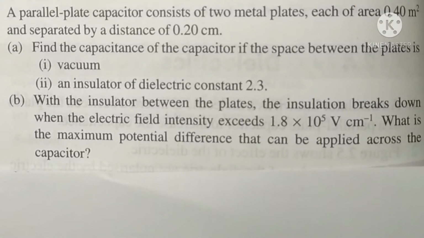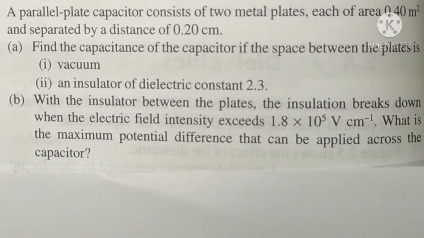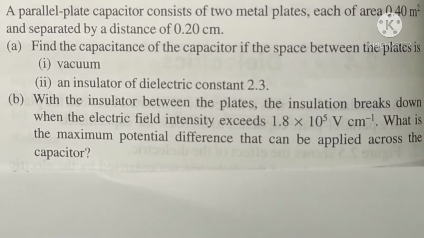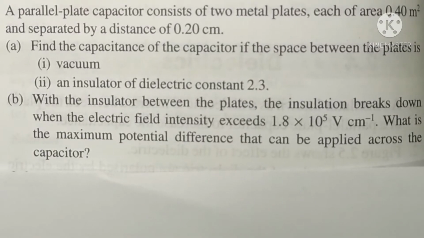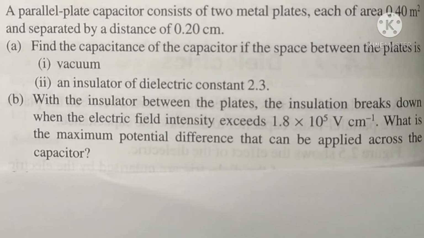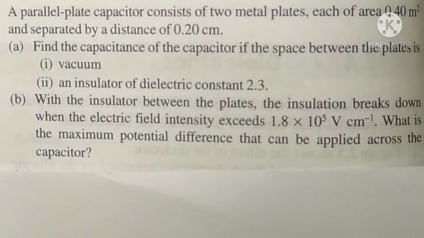For section B, with the insulator between the plates, the insulation breaks down when the electric field intensity exceeds 1.8 times 10 to the power of 5 volt per centimeter. What is the maximum potential difference that can be applied across the capacitor?